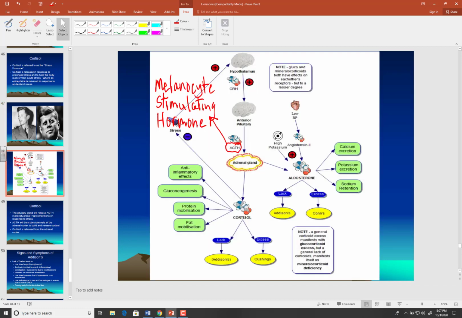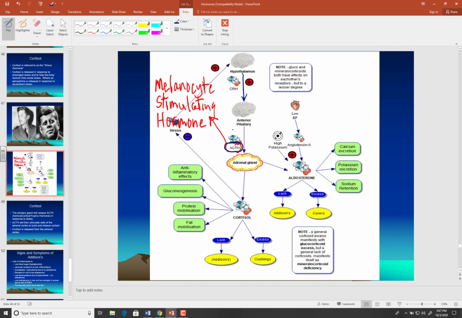Now, as we know, the hypothalamus and the pituitary gland are intimately linked. So the hypothalamus under chronic stress is going to release corticotropin releasing hormone. The hypothalamus will stimulate the anterior pituitary, and the anterior pituitary is then going to release ACTH. ACTH stands for adrenocorticotropic hormone.